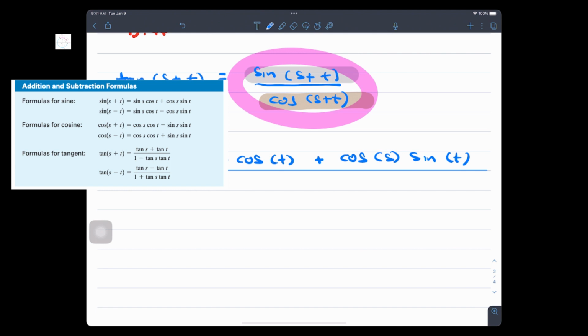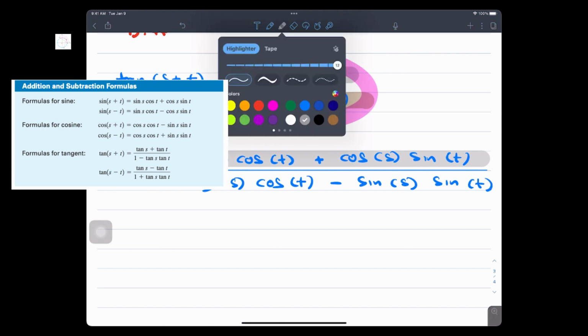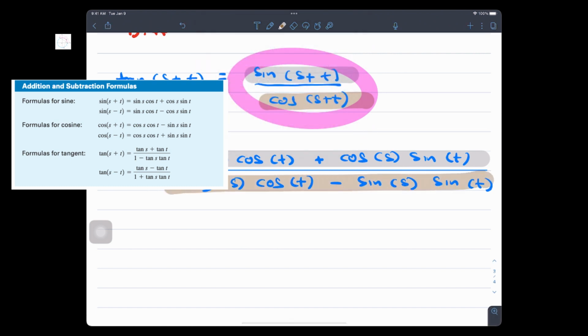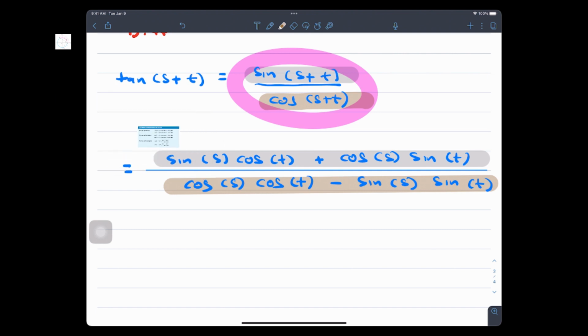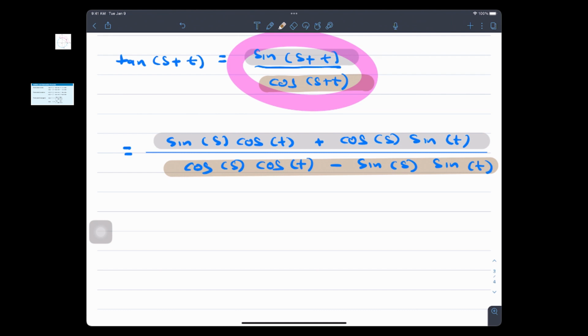And that's going to be over cosine s cosine t minus sine s sine t. Okay, you guys okay with that?